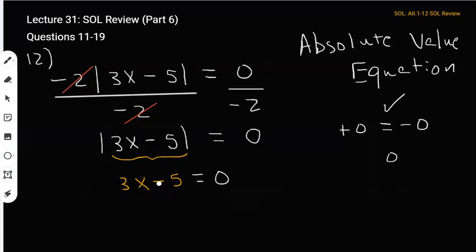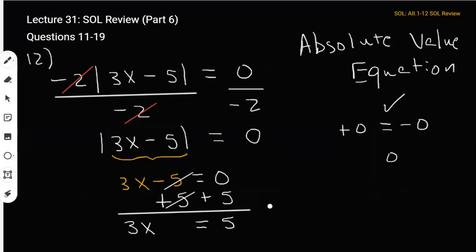So how can I solve this? First, I've got to get rid of the -5. We can do that by adding 5. When I do that, I get 3x is equal to 0 plus 5. That'll give me 5. And then the last thing I have to do is divide both sides by the 3 that's out in front.